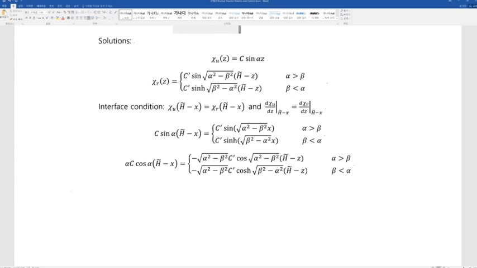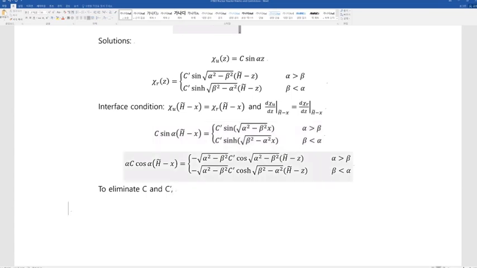So at this point, what we would like to do is to eliminate C and C prime. If we divide one with the other, then in the left hand side, C will disappear. In the right hand side, C prime will disappear. But it depends on which we divide with the other one.